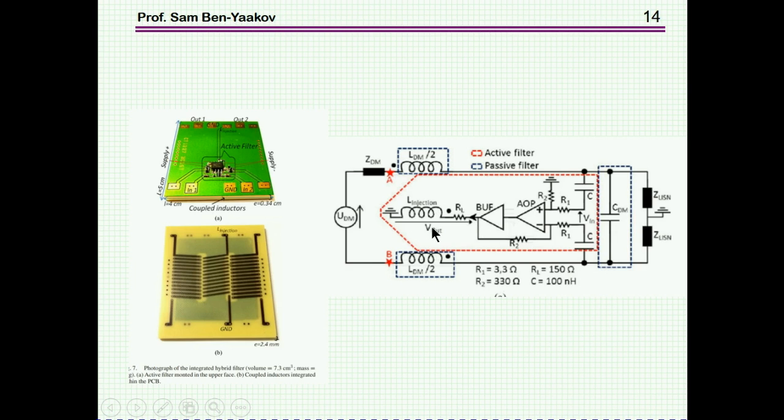In this case, however, they have this inductor which is coupled to these, and this error signal which is generated here is actually inducing a voltage on these two inductors opposing the noise which has been sensed, and thereby reducing the total ripple current that will go into the LISN. So this is the idea behind this particular implementation.